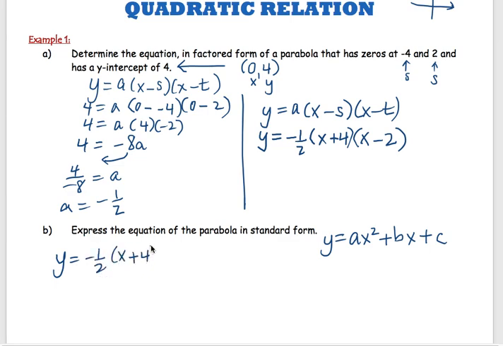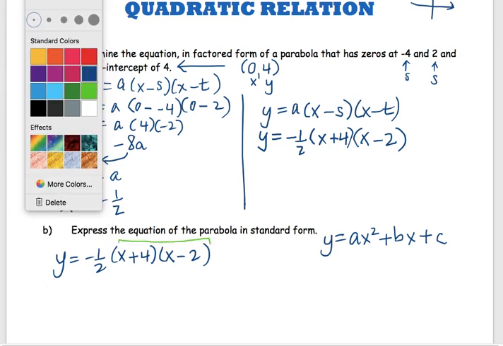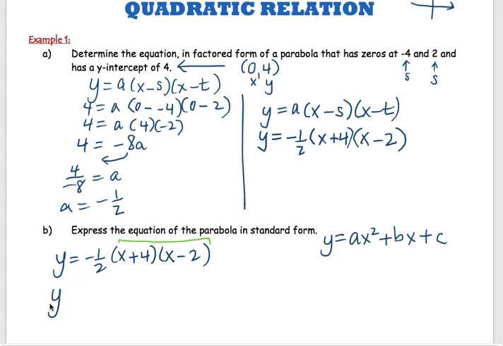Like we practiced already before, when you take care of this part here, you want to do that first and then leave the 1/2 alone. Just carry it along. So you want to take care of this part here. You can do that by using FOIL or using your area model.